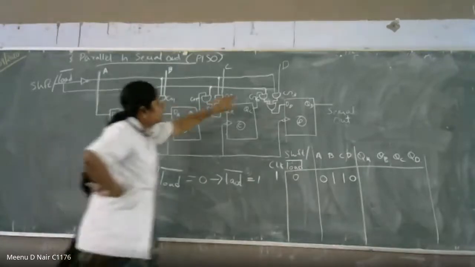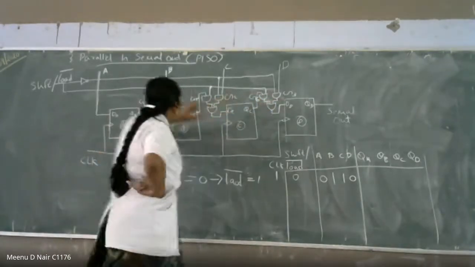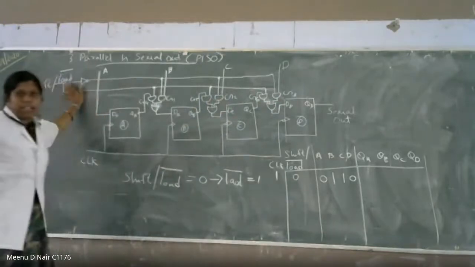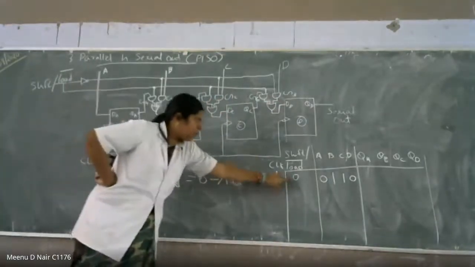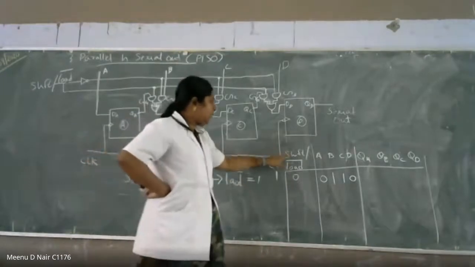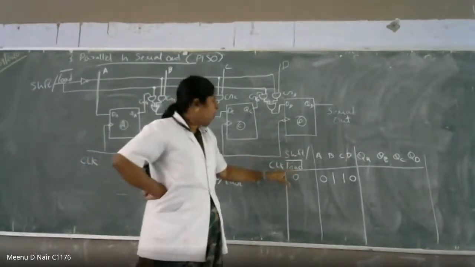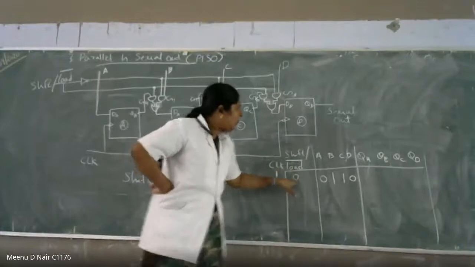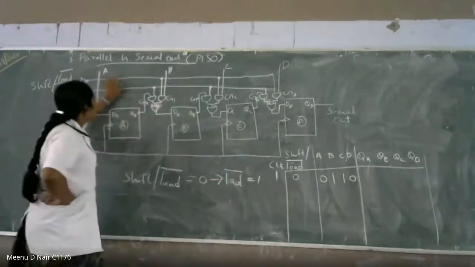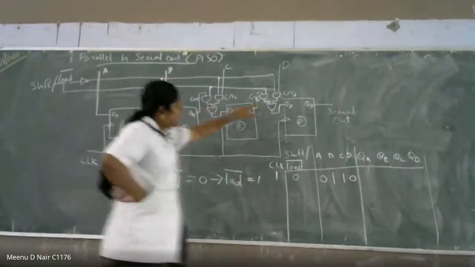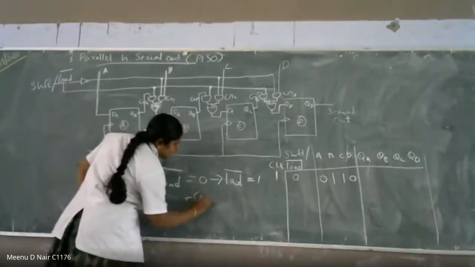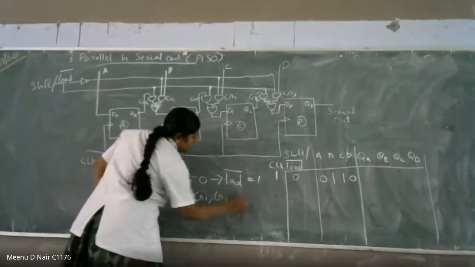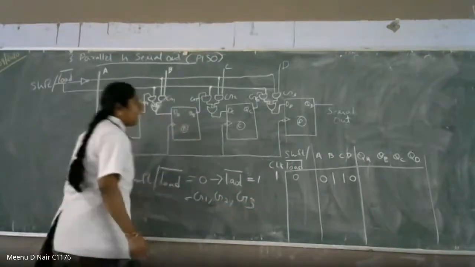G1, G2, G3 will be enabled when load bar is equal to 1, that is shift bar, load bar is equal to 0. Shift is 0, load bar is equal to 1. So the G1, G2, G3 gates will be enabled.